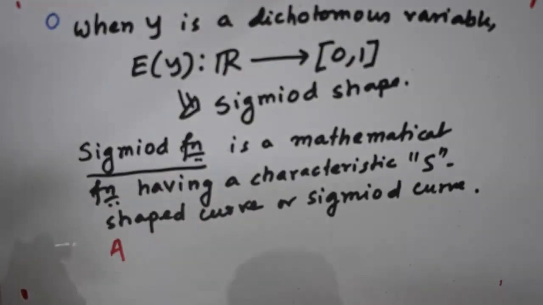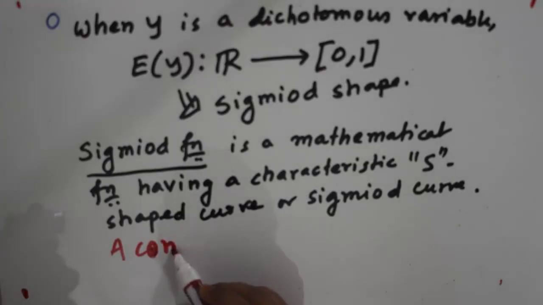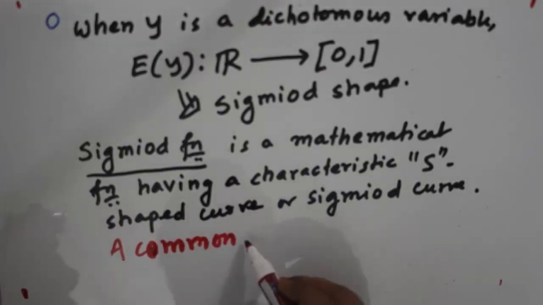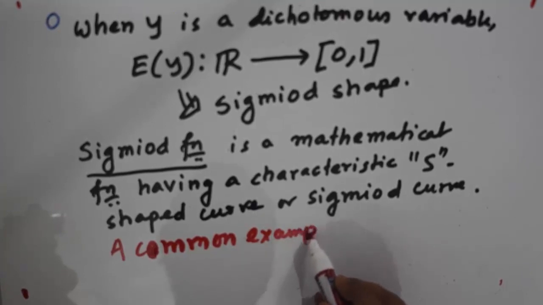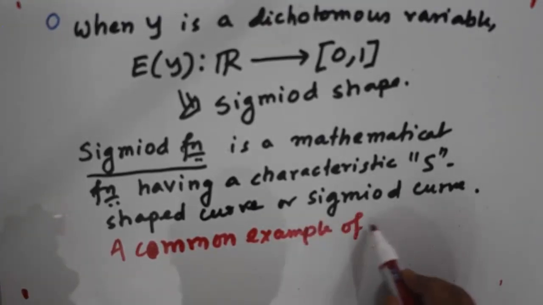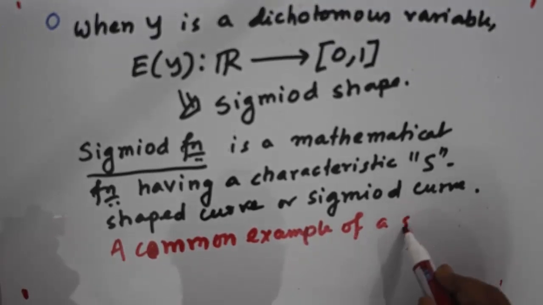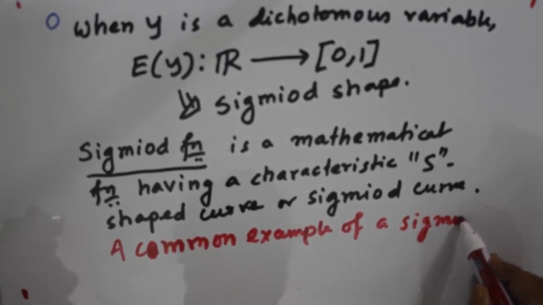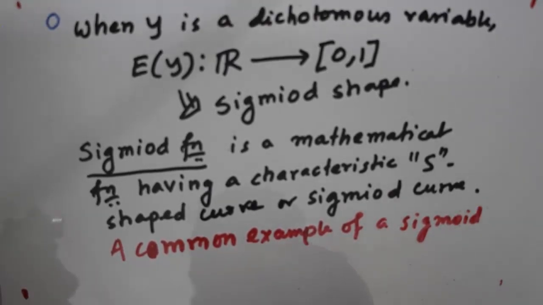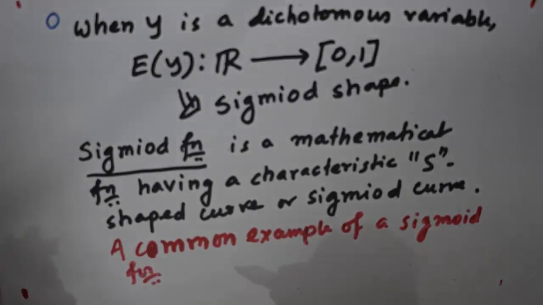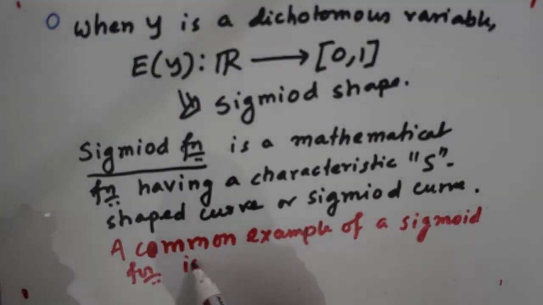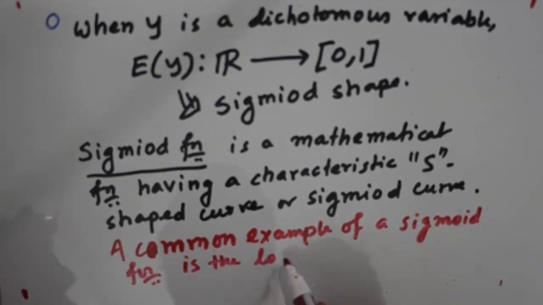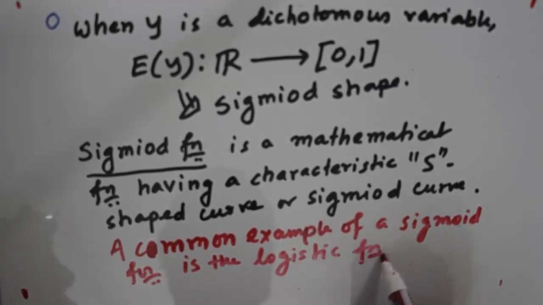A common example of a sigmoid function is the logistic function.